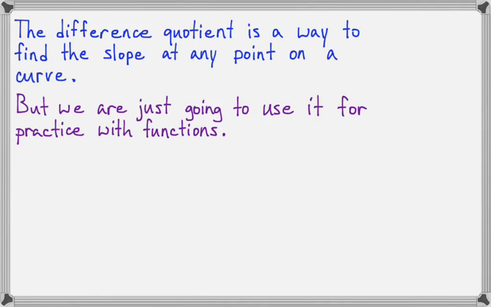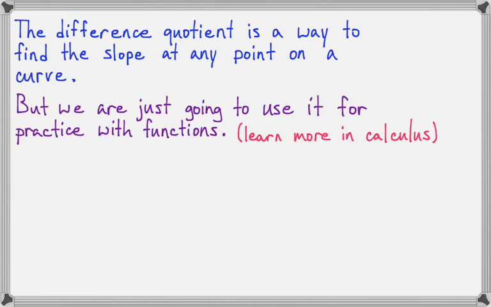The difference quotient is a way to find the slope at any point on a curve, and that's all it is. It's really just a fancy slope formula. But like I say, you do not have to know all of what came before in order to work the difference quotient problems. I just wanted you to see why the difference quotient is even in the textbook, and now you know basically what its purpose is.